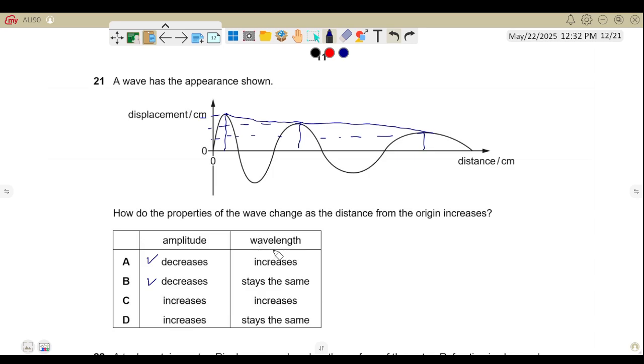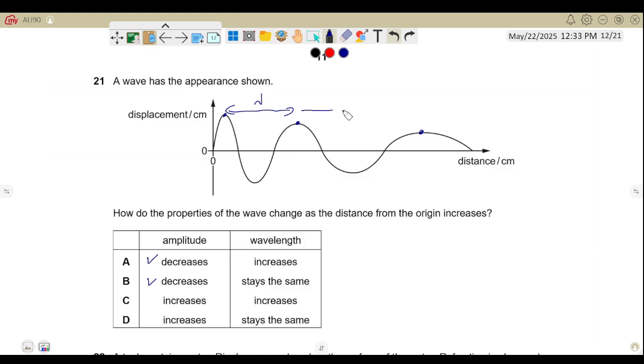The wavelength, now what is the wavelength? As a definition, it is the minimum distance between 2 points vibrating in phase. Let's demonstrate this. This maximum and this maximum are vibrating in phase. This maximum also. So this is a wavelength, lambda.